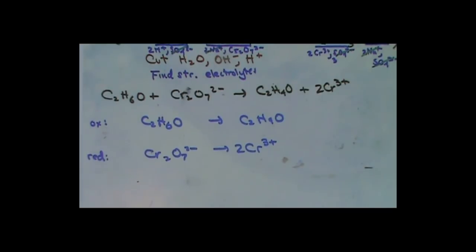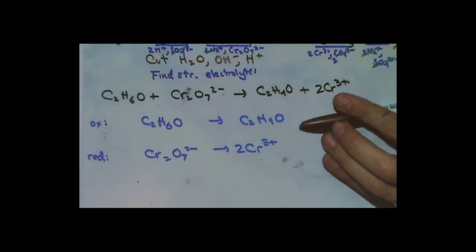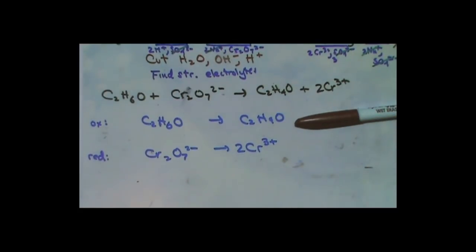Now let's balance using the half reaction method. There are 4 steps, or in my class there are 4 steps. Step 1, let's do the top one. It'll be more exciting probably. Top one, balance whatever is not oxygen or hydrogen. That's carbon, and there's already 2 carbons on each side. Step 2, balance the oxygens with water. There's already 1 oxygen on each side, so we're good.